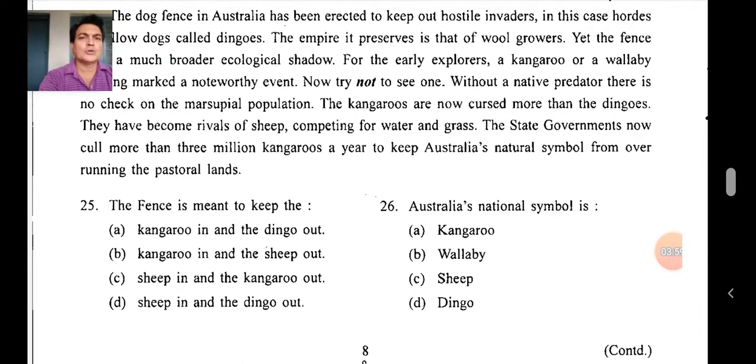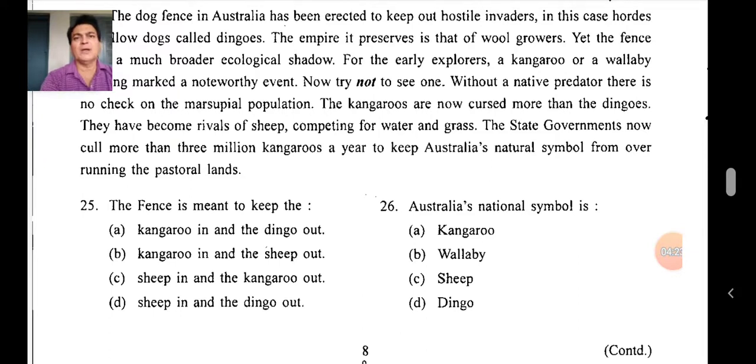Now here question number 26. Australia's national symbol is. Now when you read the last line, you can infer. So in the case of question number 25 it is the first sentence, and in the case of 26 it is the last sentence.